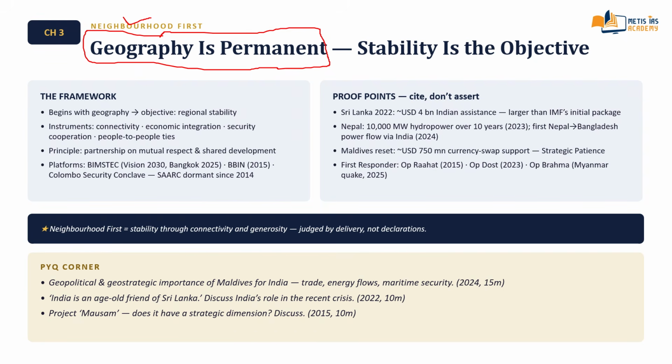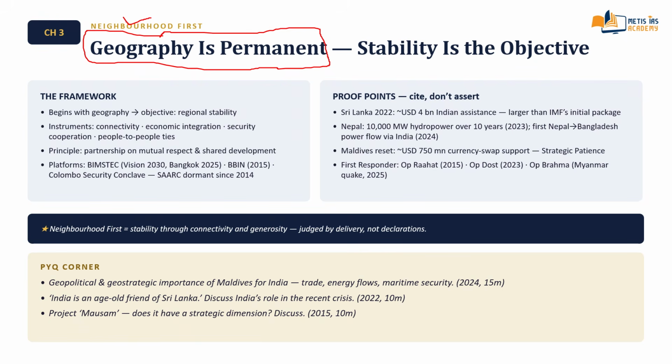So the objective is simple. A peaceful neighborhood creates opportunity for economic growth, connectivity, regional trade, and collective security. An unstable neighborhood creates uncertainty, security challenges, and developmental constraints. Therefore, India's long-term interest lies in promoting a stable, secure, prosperous, and interconnected South Asia.